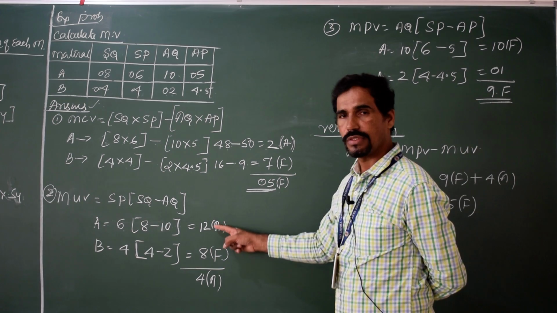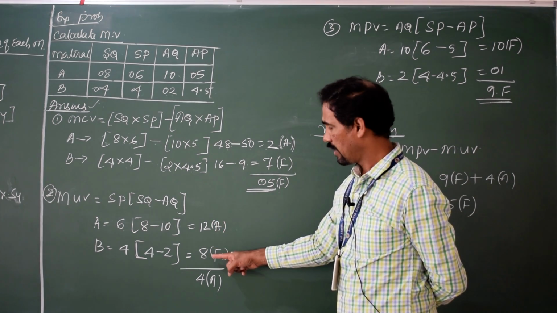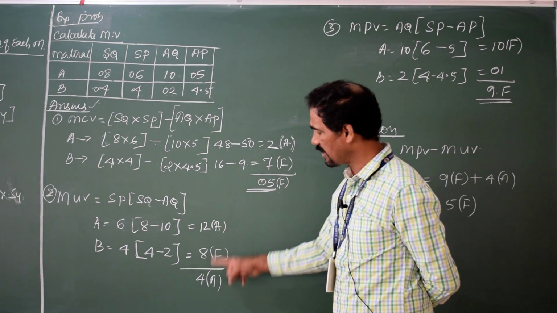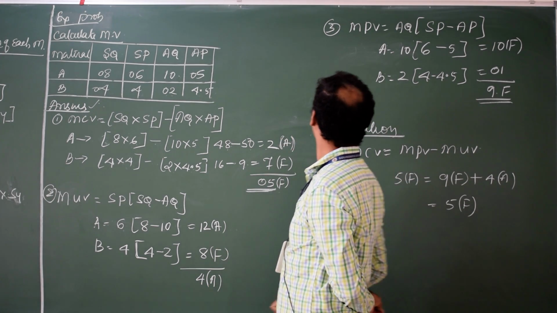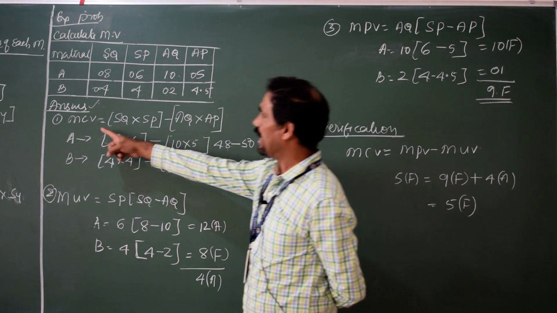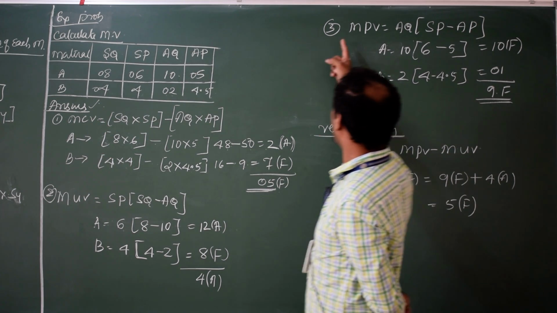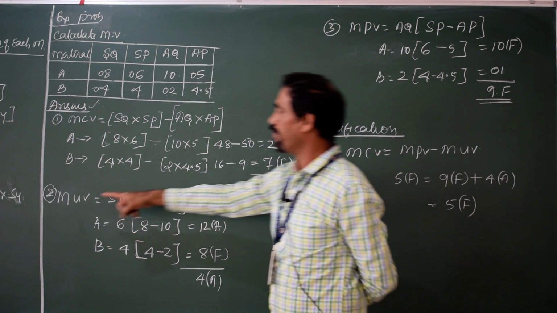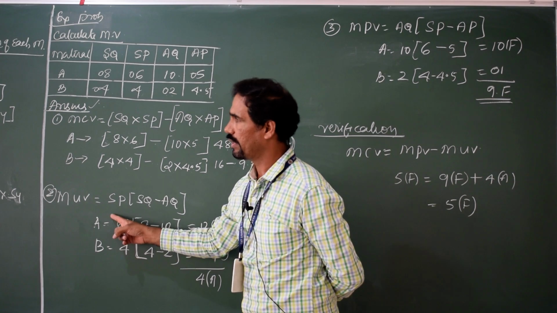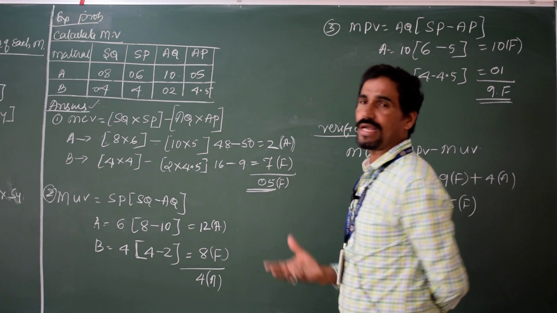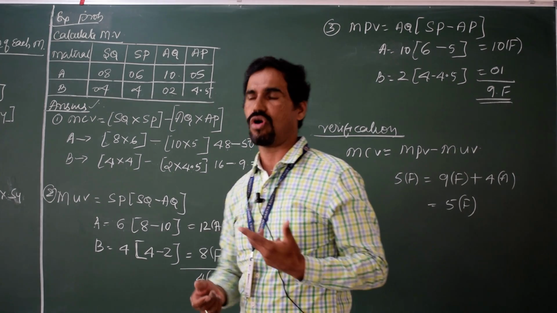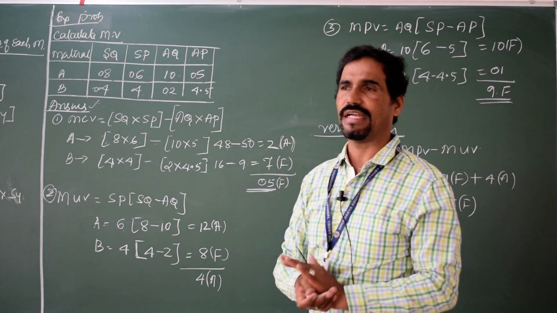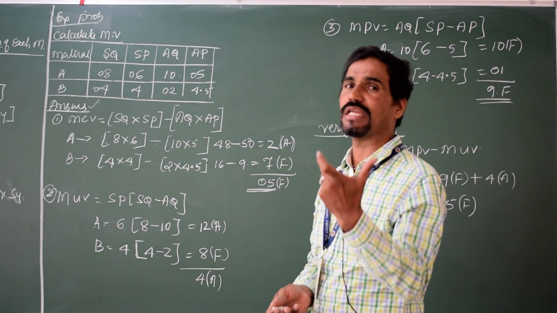So, out of 12 adverse, 8 favorable, the answer comes 4 adverse. Now material cost variance is over, material price variance is over, material usage variance is over. We will check whether this is the right answer or wrong, so we are taking the verification.